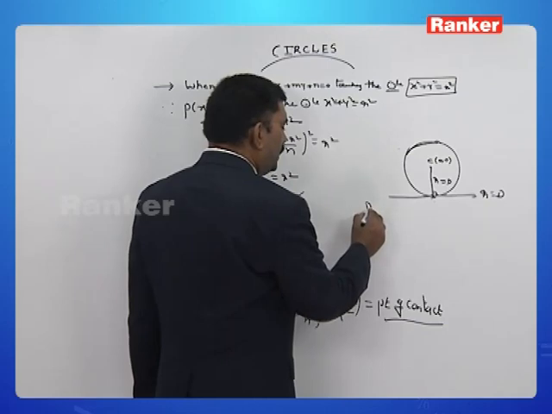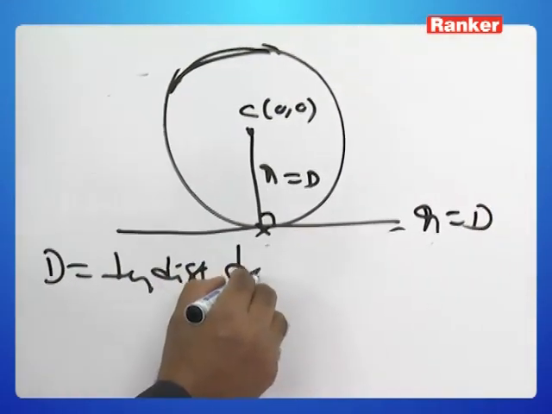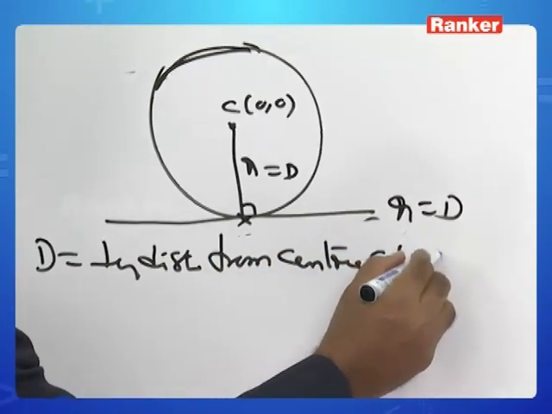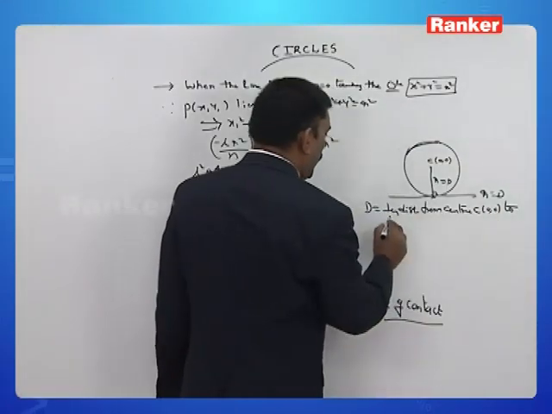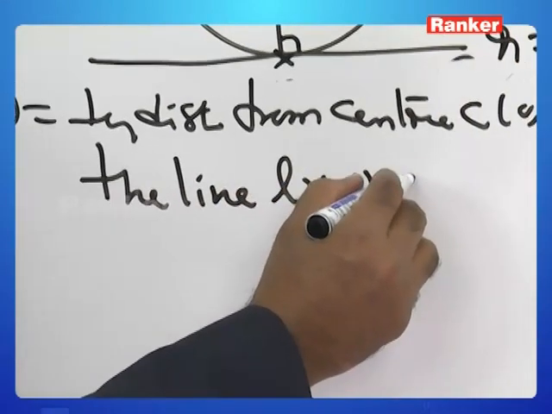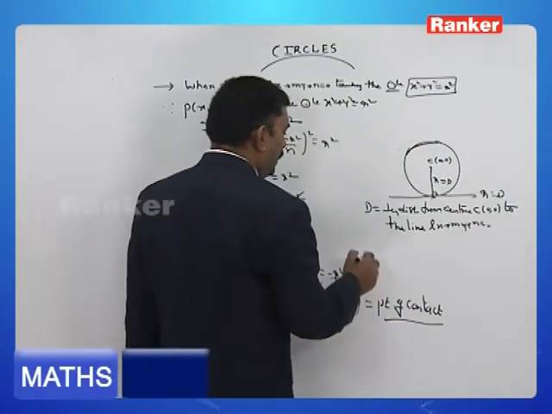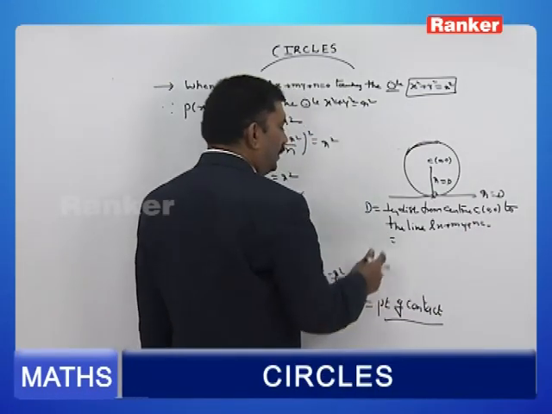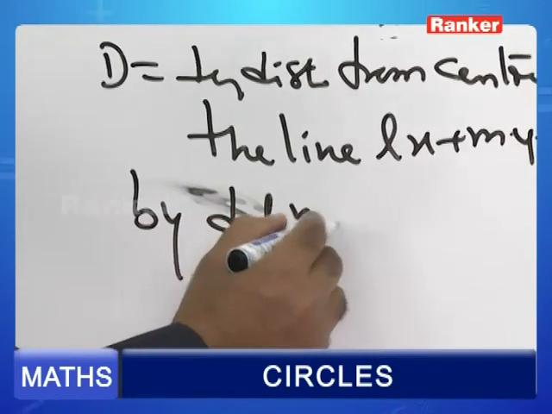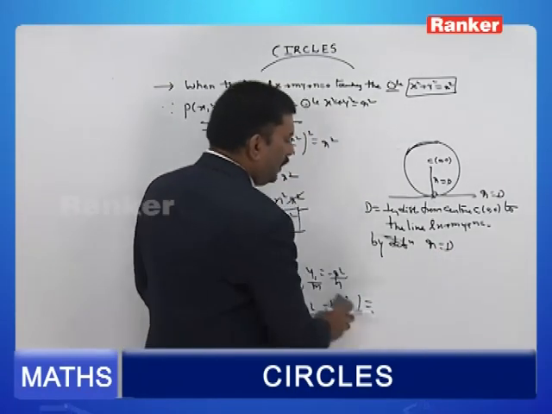So d is the perpendicular distance from the center C(0, 0) to the line lx + my + n = 0. So by definition I can write r = d.